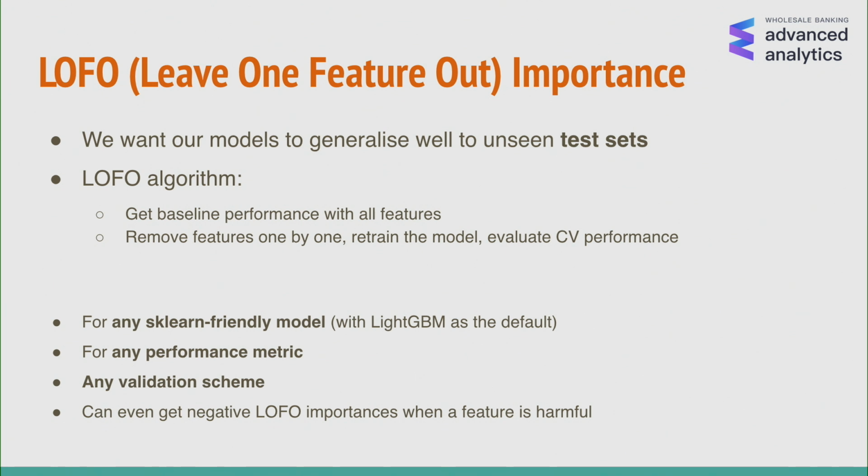So this solves the previous problem that I mentioned, and it's not biased towards the training set. Also, what we implemented is that you can put any scikit-learn-friendly model, any performance metric, any validation scheme, and when you have a feature that could actually harm you if you use it in the training, it will give you a negative importance for it.